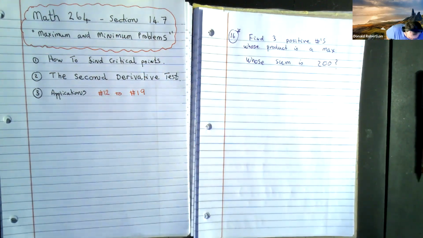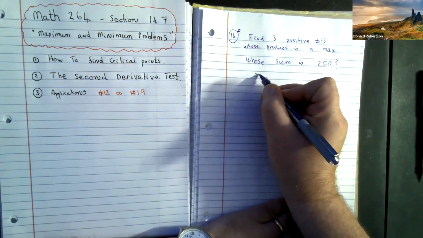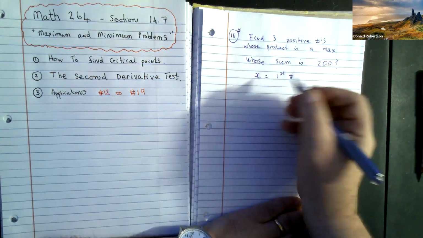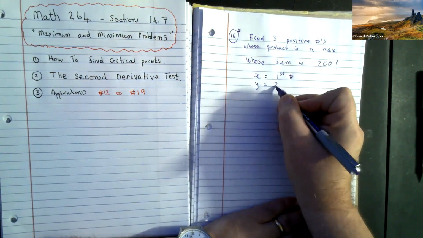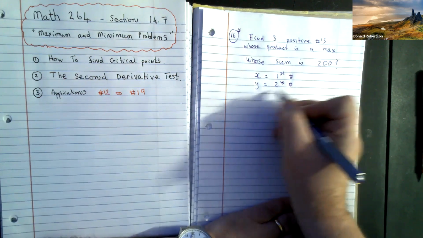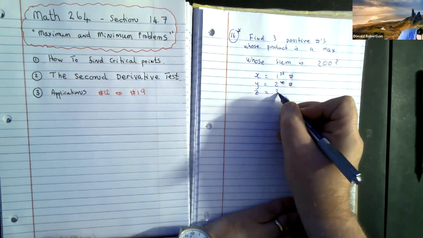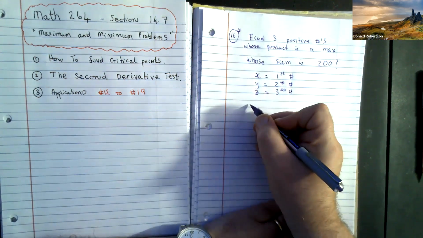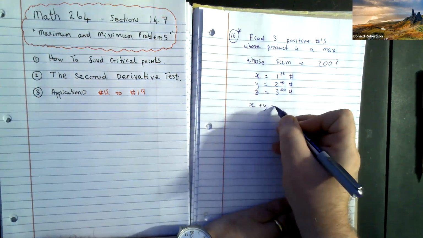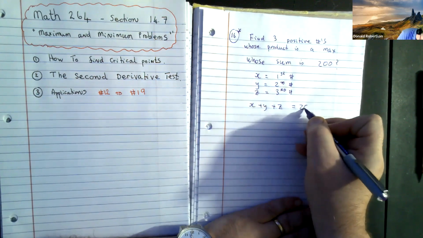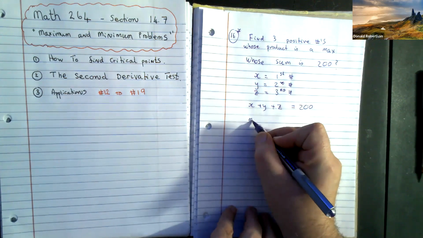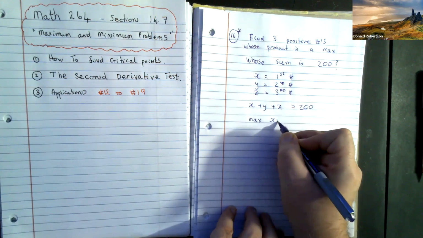So I'm going to do X represents the first positive number, Y is going to be the second, and Z is going to be the third. Now I know that they add up to 200. Good. And I'm trying to maximize their product.